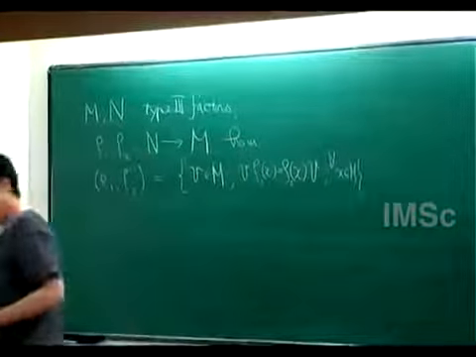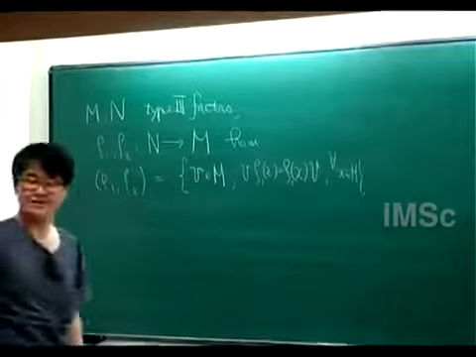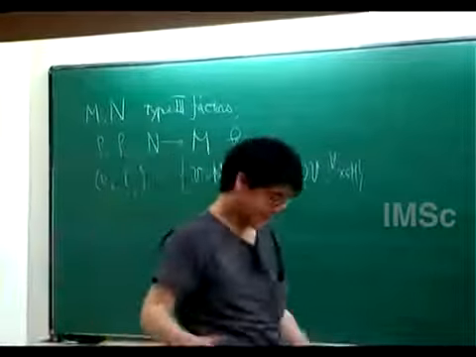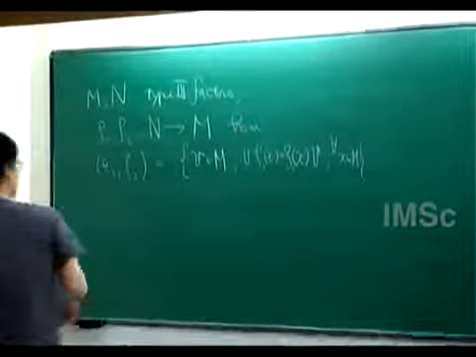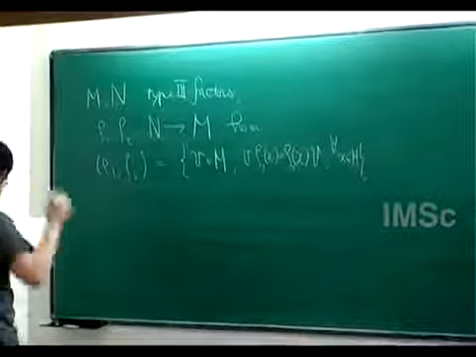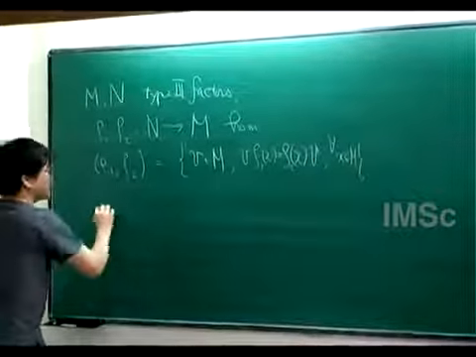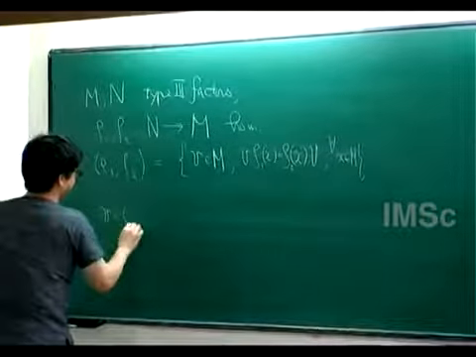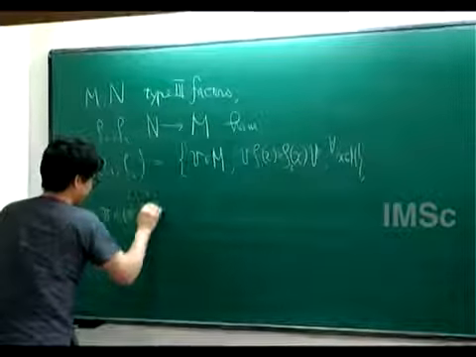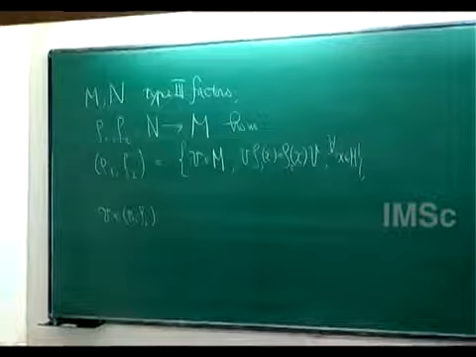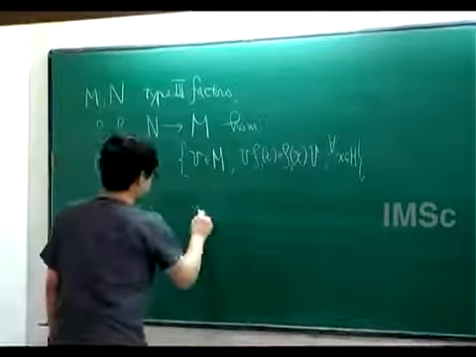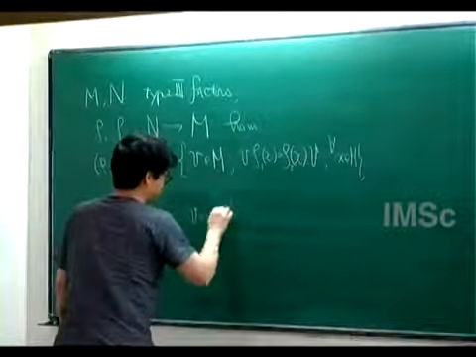So drawing pictures, I want to do it today. So when V is an intertwiner between rho 1 and rho 2, then I use this picture, of course.